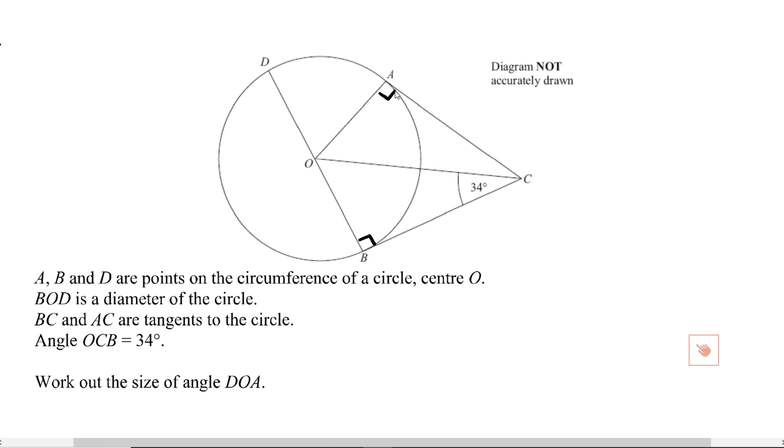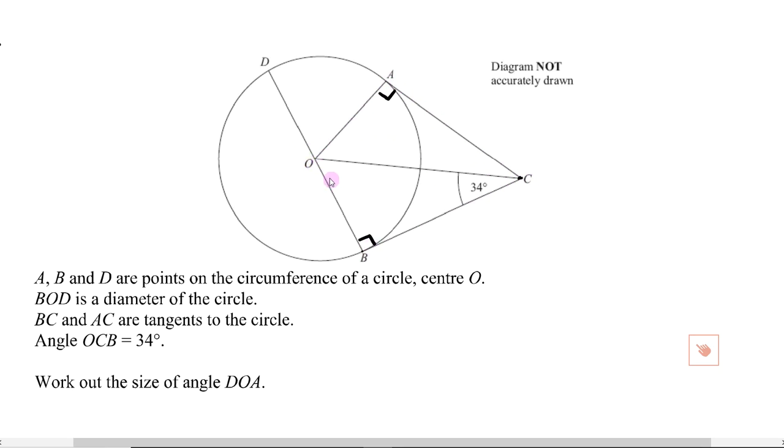One of the rules that's not written down on that sheet is the fact that when two tangents meet at a point, the length is exactly the same. So that length to there is the same as that length to there. That means this length here is the radius of the circle because that's the centre.